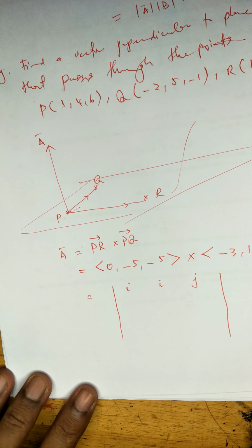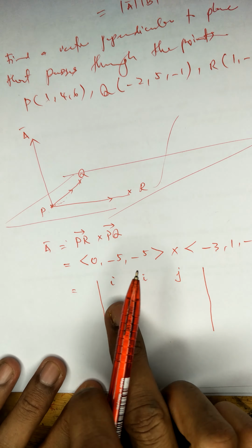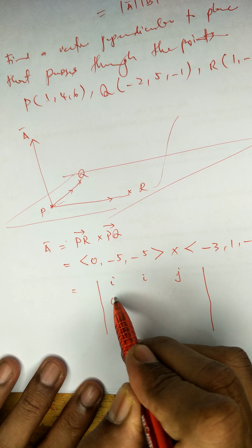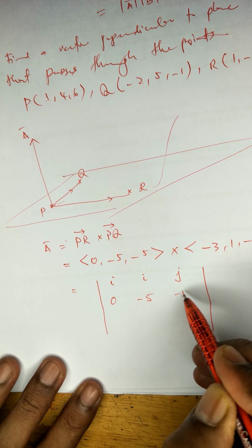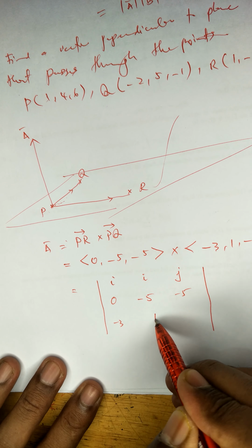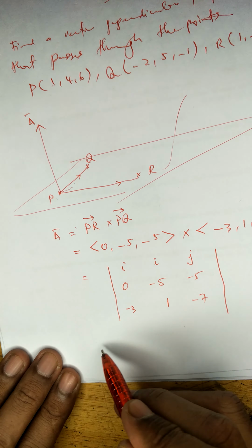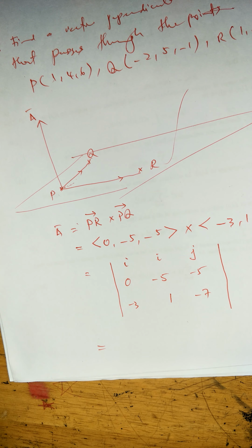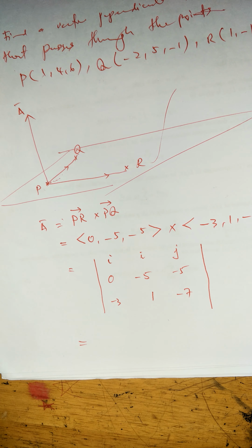So we have i, j, k, then 0, minus 5, minus 5 here, and then minus 3, 1, minus 7. You can solve this. I just leave this part to you.